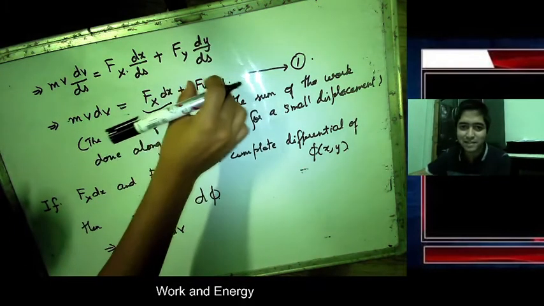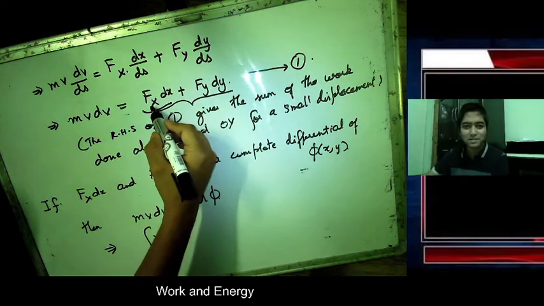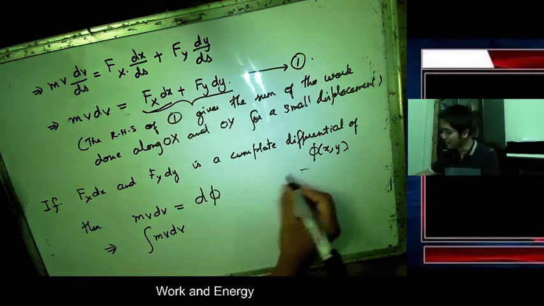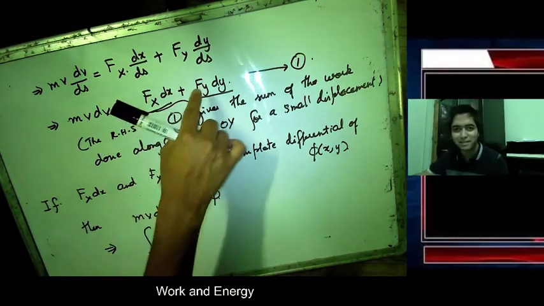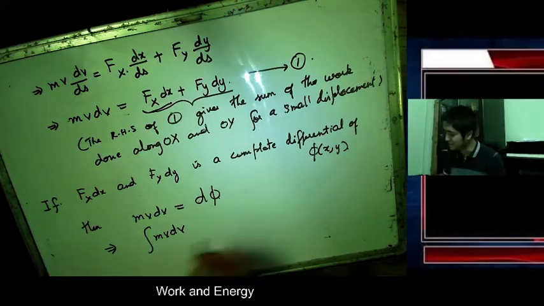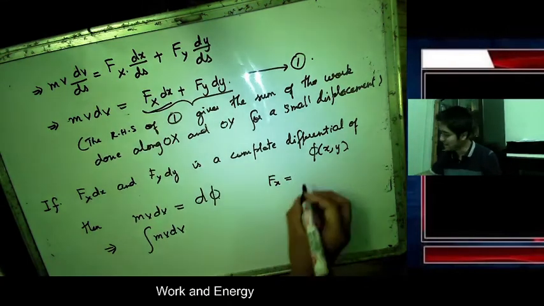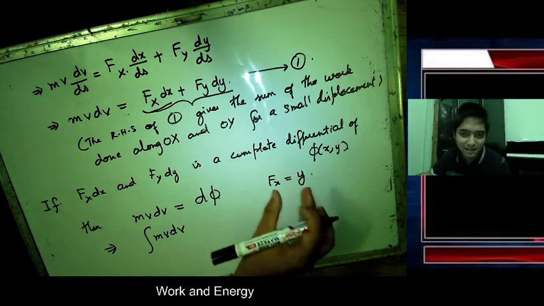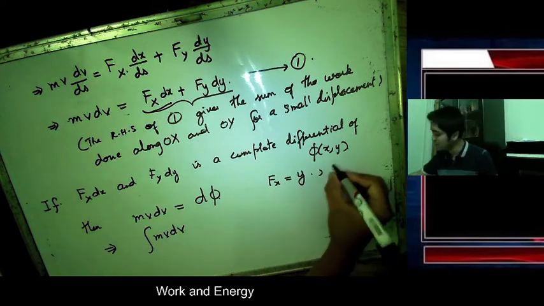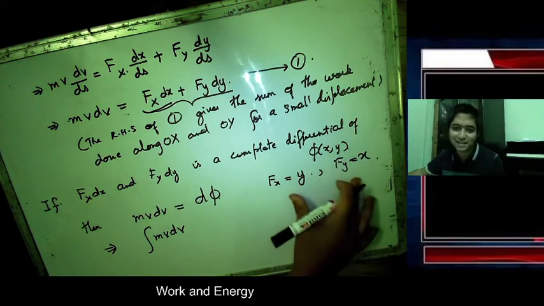Let me just give you an example about this. Sometimes the force can depend on the distance as well. Suppose Fx depends on the distance, suppose it is equal to y, and Fy is equal to x, just as an example.